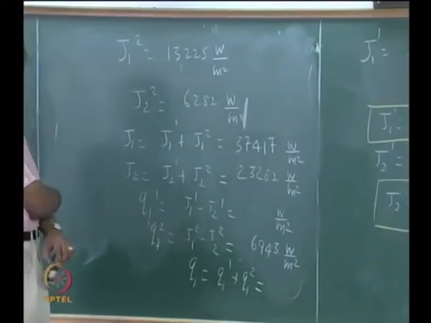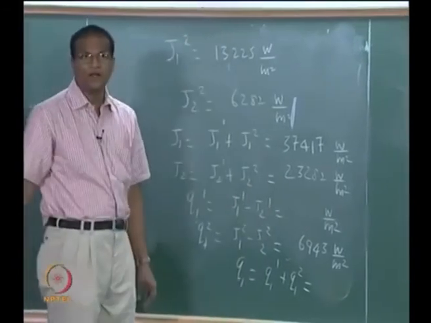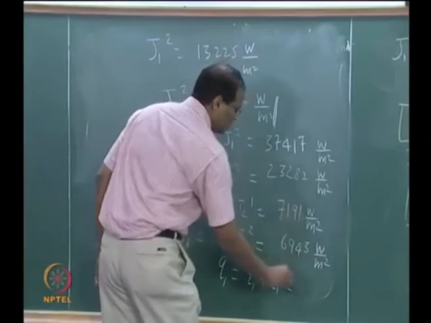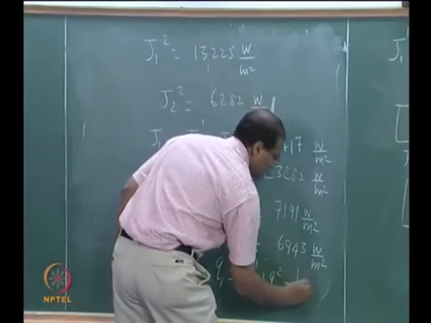Yeah, then Q1 7191. So total is now 15,000. How much is it? 14,000.